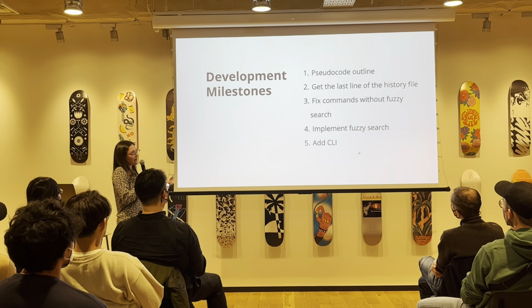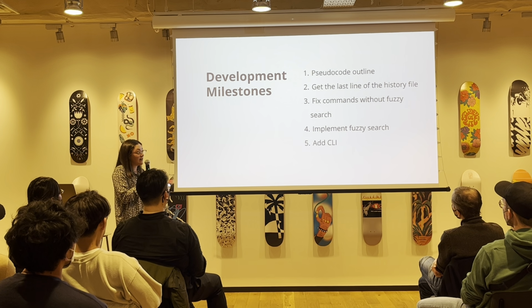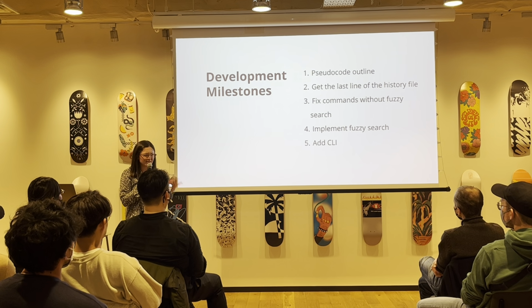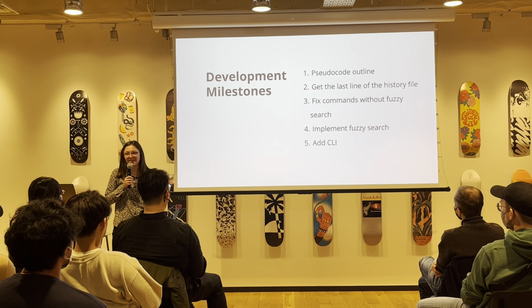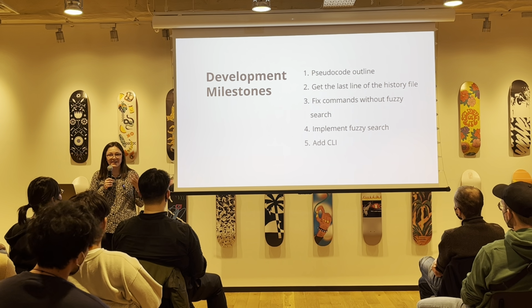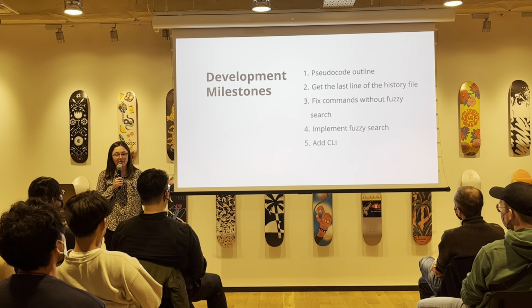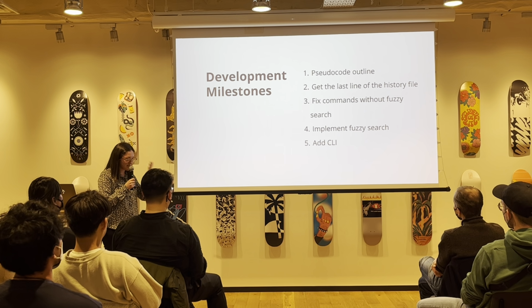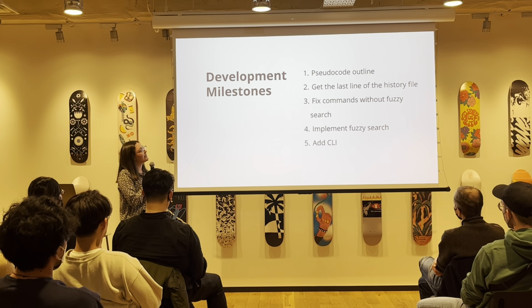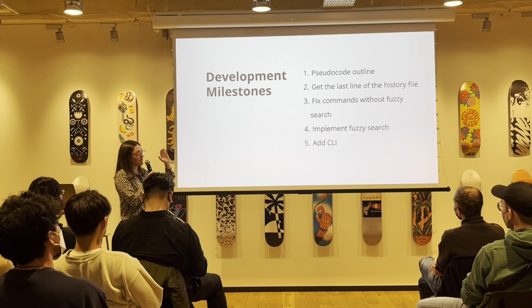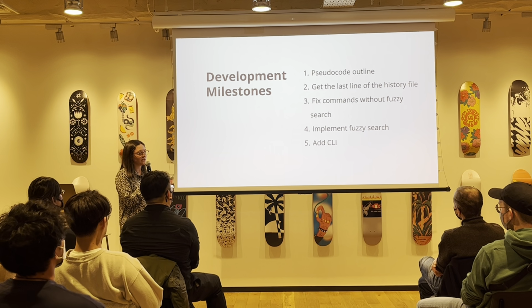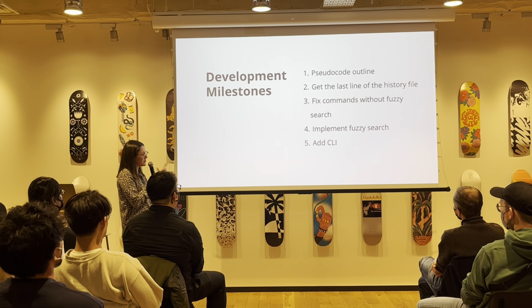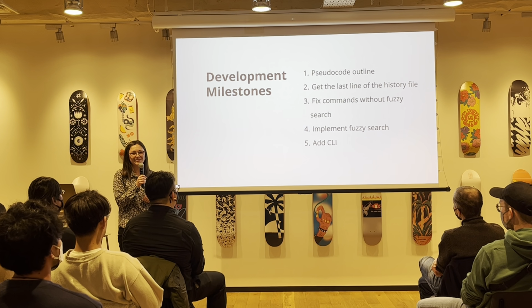So I want to talk just a little bit about how I approached this, because again, I was new to the language. It can be kind of intimidating to dive into a language without a real path forward. So again, I chose this because I could think about the steps in a pretty clear way. I started by creating an outline of this in pseudocode, and then doing the easiest low-hanging fruit first.